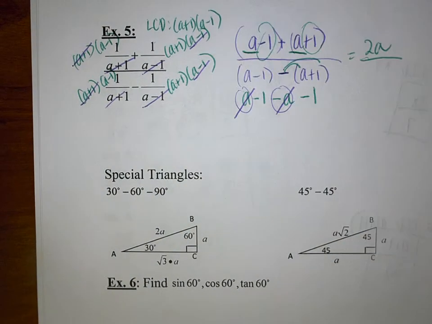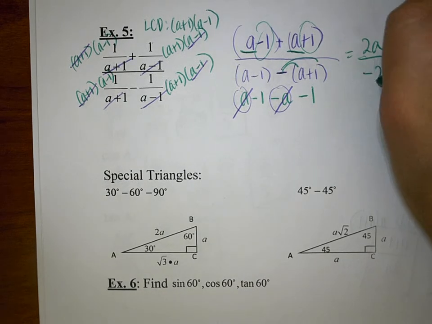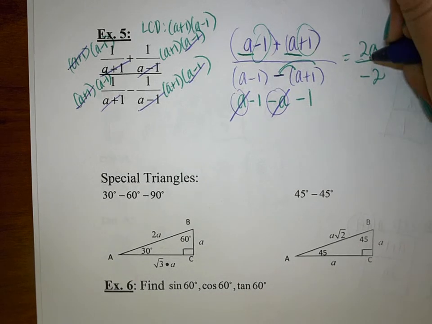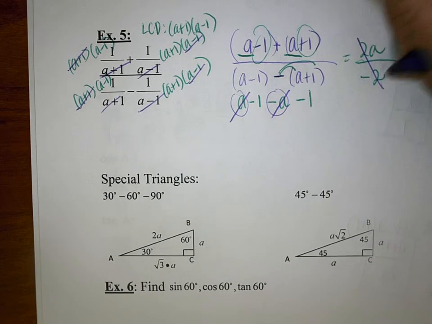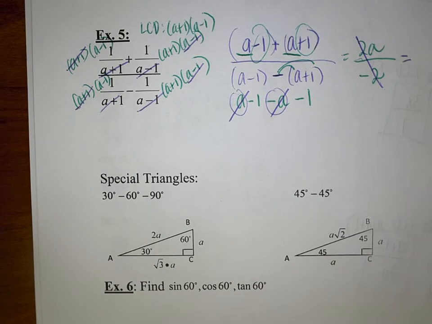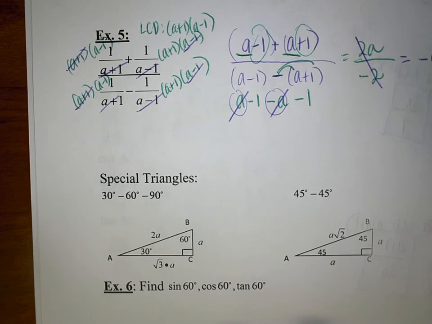A minus A, gone. What's negative 1 and negative 1? Negative 2. Now what can happen? Yeah, the 2's can cancel out, right? Because they're multiplying. And then our answer is what? Negative A.